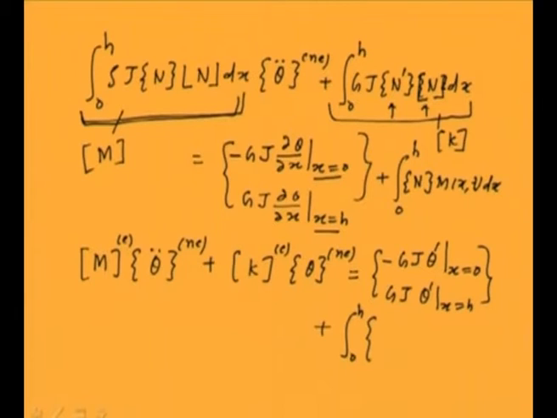The forcing term is something like this in the expanded form. So if we know the distribution of m, we are able to integrate this over the element.